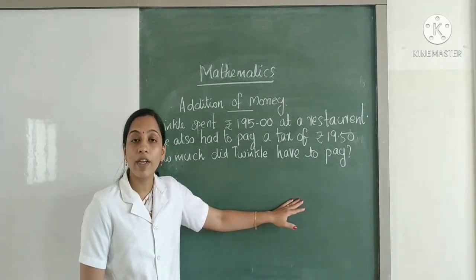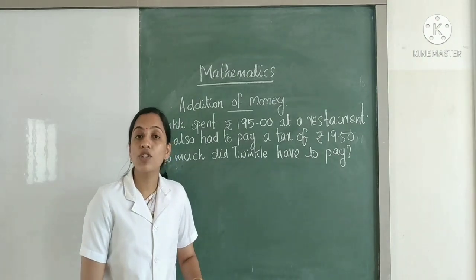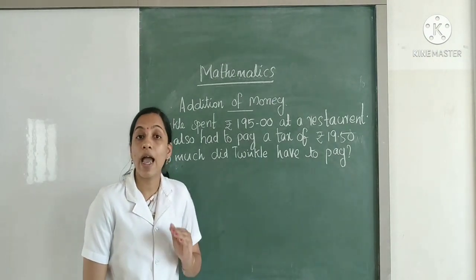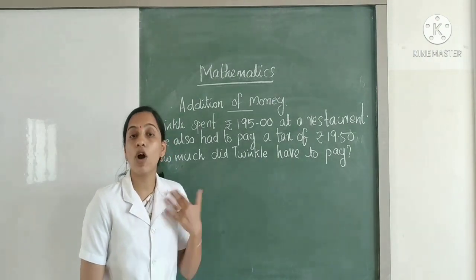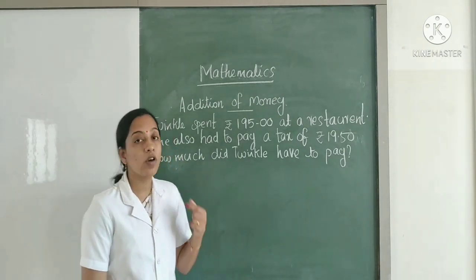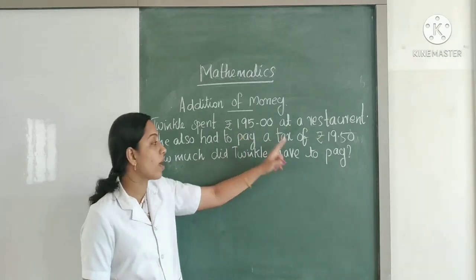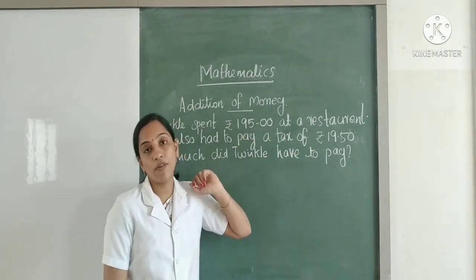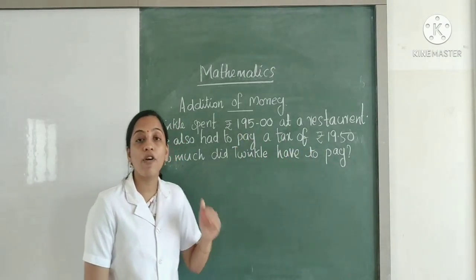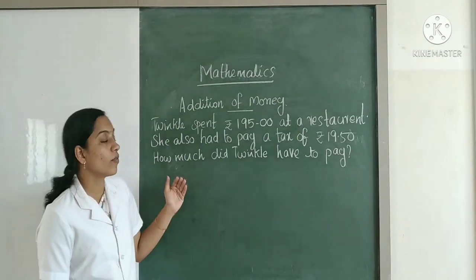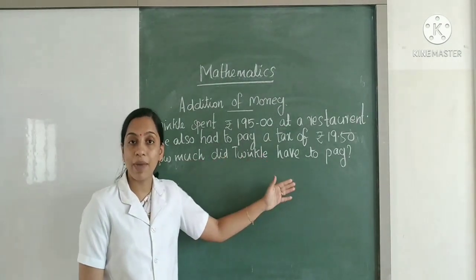To find out the total amount, what should you do? Yes, we should add the amount. We know how to add the money, right? So here let us add the amount 195 rupees and 90 rupees and 50 paise. Before adding the amount, we have to write the statements.